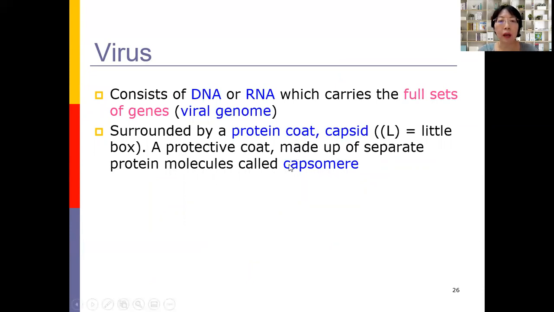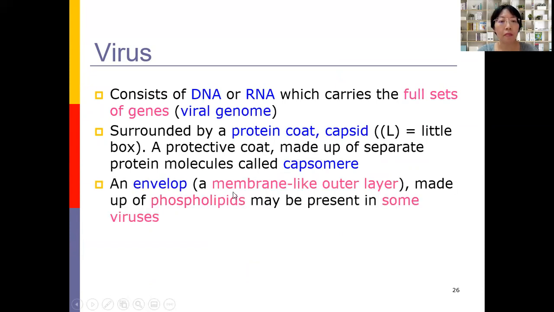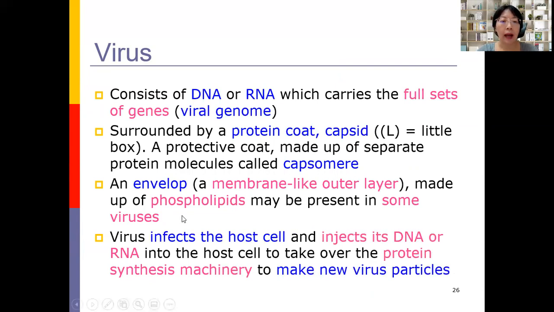The capsid is made out of separate protein molecules called capsomeres. An envelope, which is a membrane-like outer layer made of phospholipid, may be present in some viruses, not all viruses. And the surface of the envelope may contain the envelope protein.